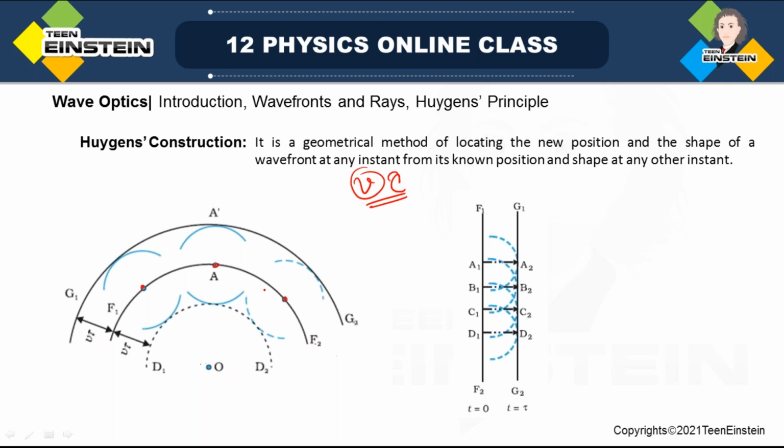These are the representative points on the wavefront F1, F2, and each of them will act as a source of secondary waves.